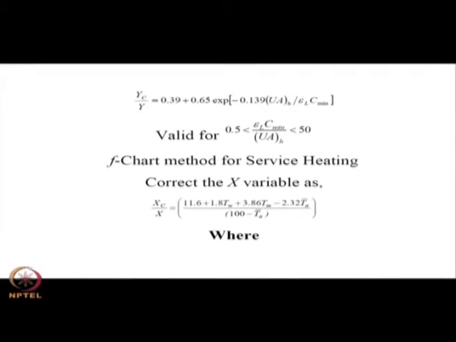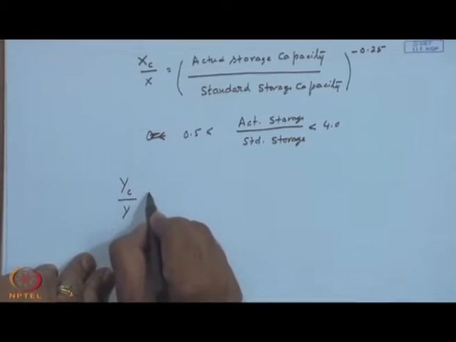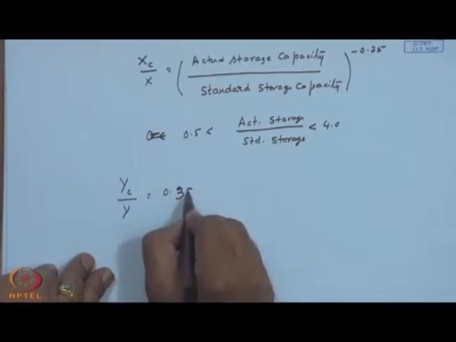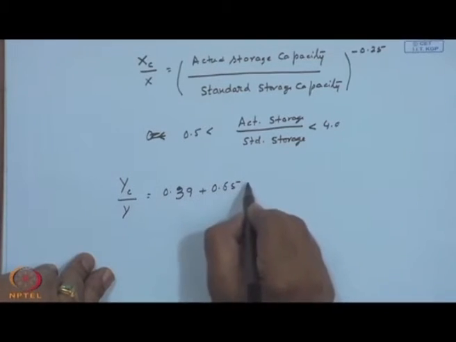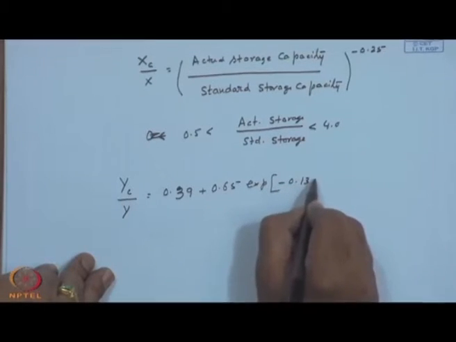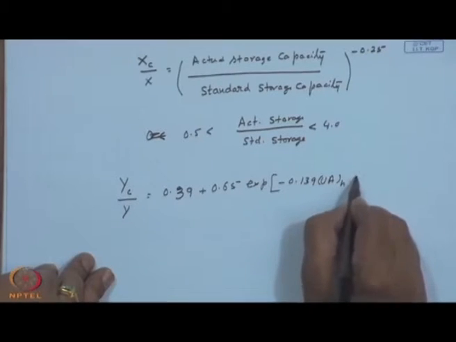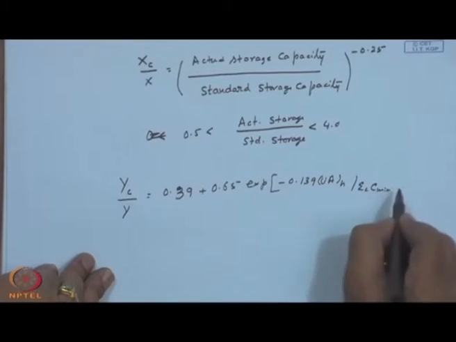Similarly, if the heat exchanger is non-standard, the variable y is corrected to y c from the original y according to this equation, 0.39 plus 0.65 exponential minus 0.139 u a h by epsilon L C minimum.